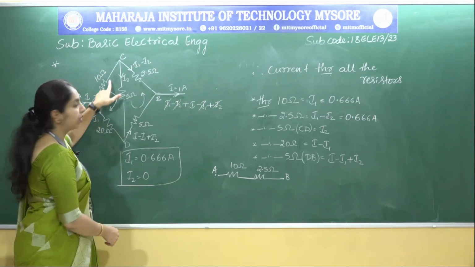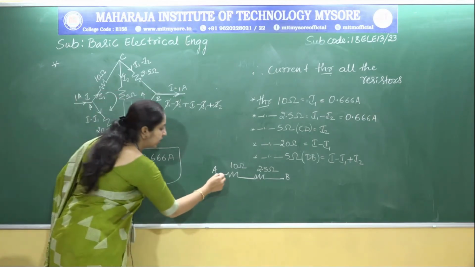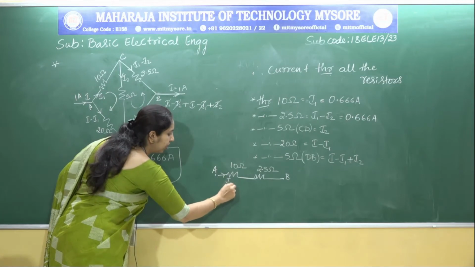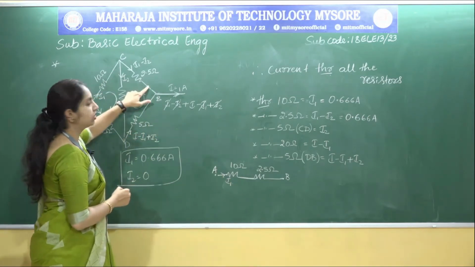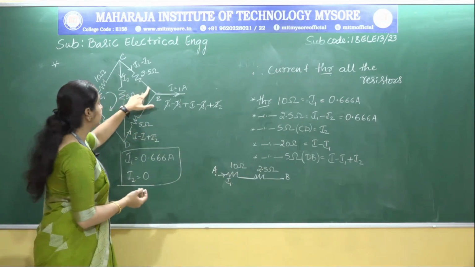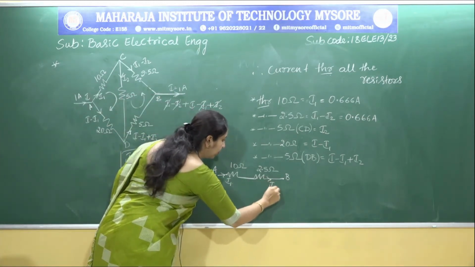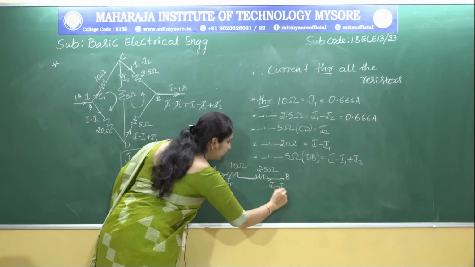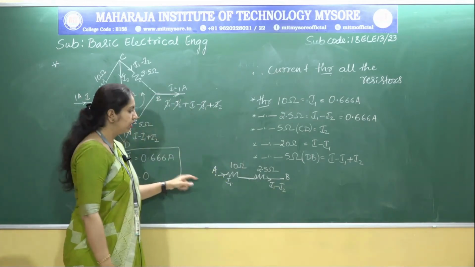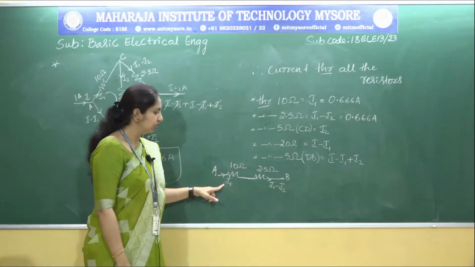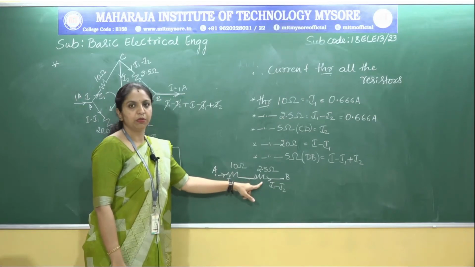The current which passes through the 10 ohm resistor is I1, and the current which passes through the 2.5 ohm resistor is I1 minus I2. Since I2 is equal to 0, the same current I1 passes through the 10 ohm resistor and the 2.5 ohm resistor.